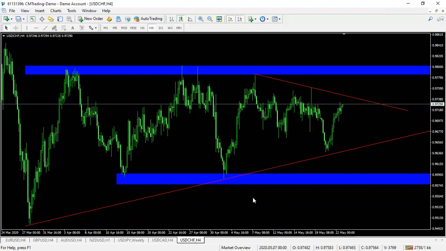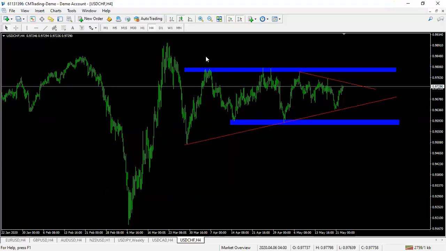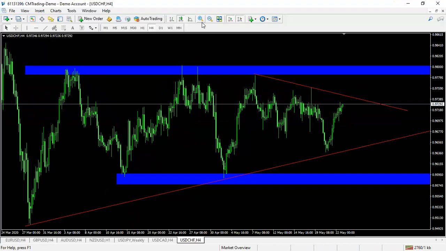Okay, so we have that. So based on this, we are certain this market, 90% chance, will come somewhere here. It's that simple. So you sell at the demand, is it demand or supply?